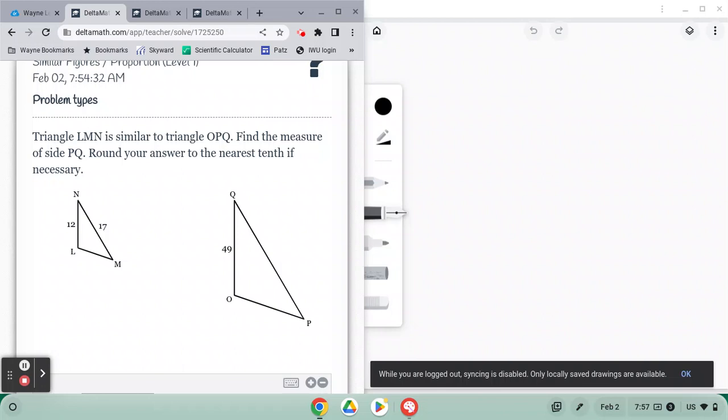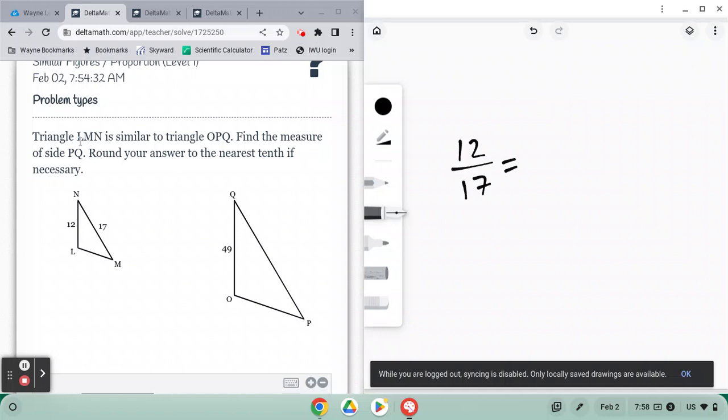Now we want to set up a proportion, okay? A proportion is just a ratio on each side of an equal sign. So the first thing I'm going to do is take 12 here, 12 over 17. Now there's multiple ways you could set this up, but I'm going to do it this way. So 12 over 17 equals, now 12 was from segment LN.